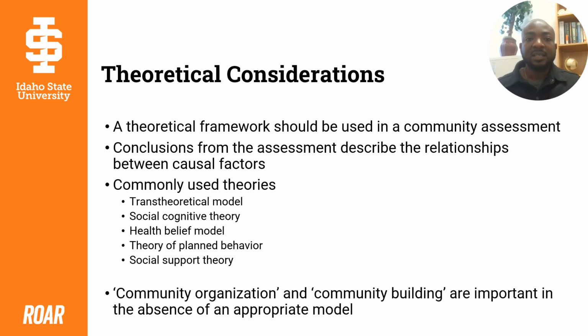And so the most commonly used theories of individual behavior in public health are the transtheoretical model, social cognitive theory, the health belief model, the theory of planned behavior, and social support theory. And at the community and group level, community organization and community building are important concepts in the absence of a single unified model.